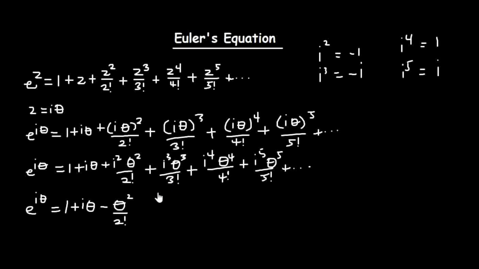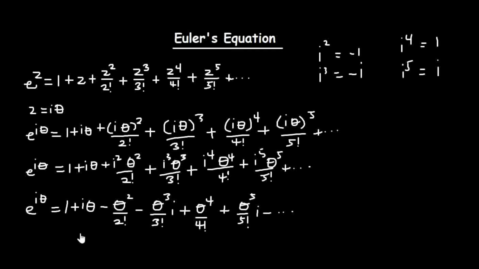But we know i to the power 3 equals -i, so that was minus theta to the power 3 divided by 3 factorial multiply i. And then you know i to the power 4 is 1, so that was plus theta to the power 4 divided by 4 factorial. And we know i to the power 5 should be equal to i, so we have plus theta to the power 5 divided by 5 factorial multiplying i. And then the series will continue.